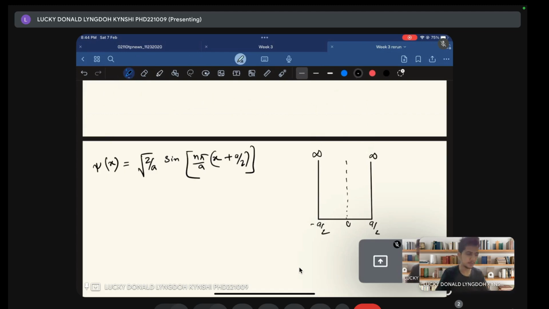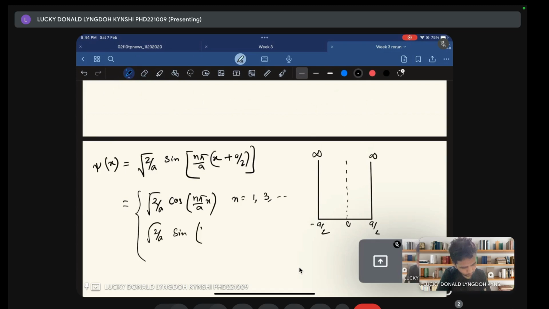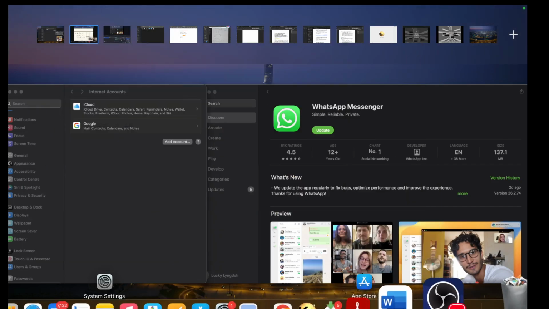In this problem for a symmetric potential, we can separate this into root 2 by a cos of n pi by a x for n equal to 1, 3 and so on, and root 2 by a sine of n pi by a x for n equal to 2, 4, 6. So even values of n are related to the sine function, and odd values of n are related to the cos function.